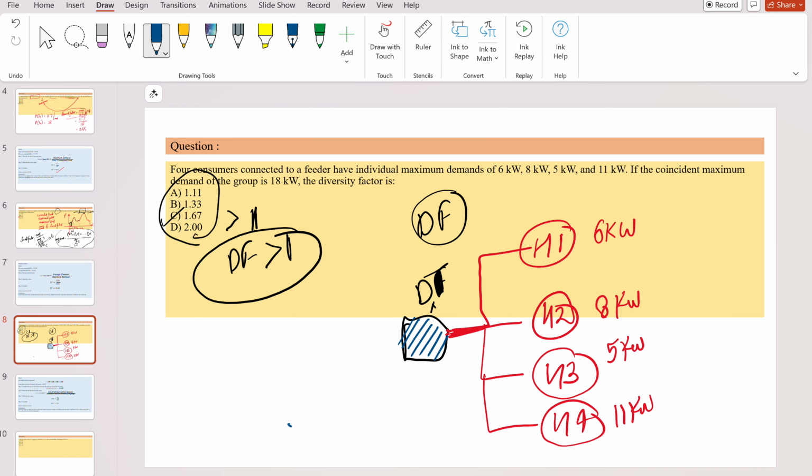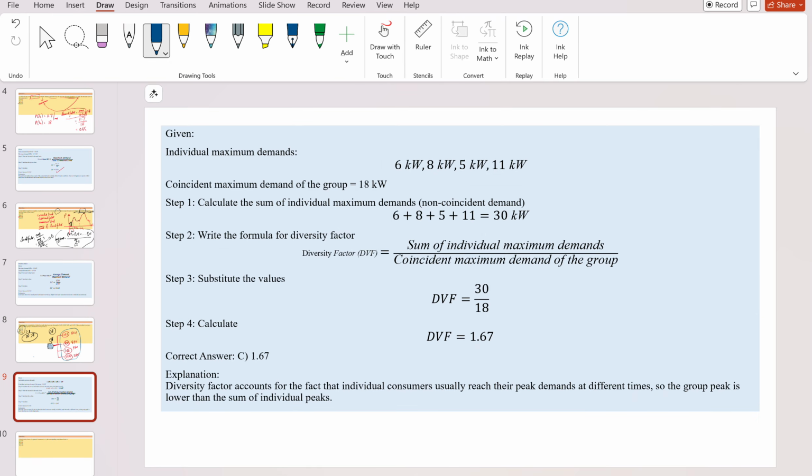So what is the diversity factor? Basically it sees how diverse the system is in this group of four. It means that when you have all these individual loads, how different they are from the maximum demand of the group. So we have the individual demands like 6, 8, 5 and 11.